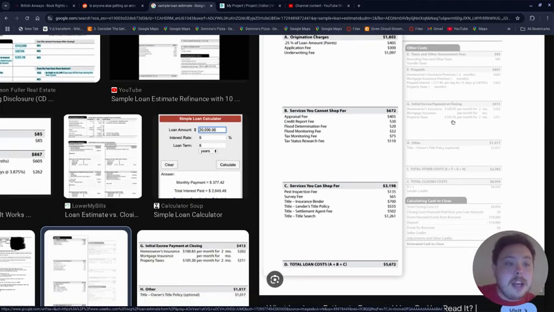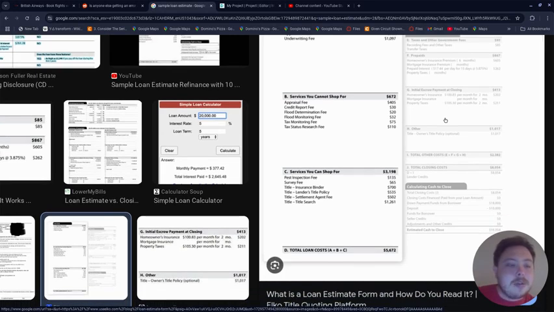And then escrow is just how much money they keep inside, in case you were ever to miss a payment, or if insurance or taxes go up, they're going to keep some escrow aside. So that's going to be different from lender to lender, how much they decide to keep in escrow.